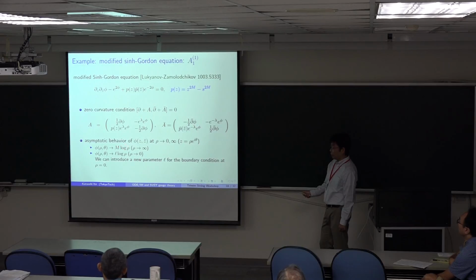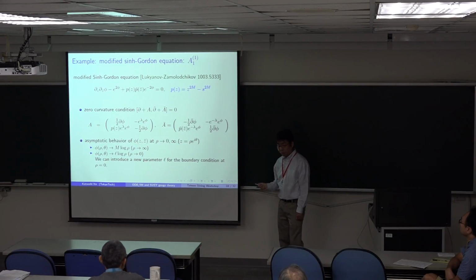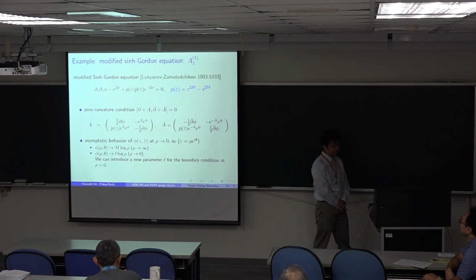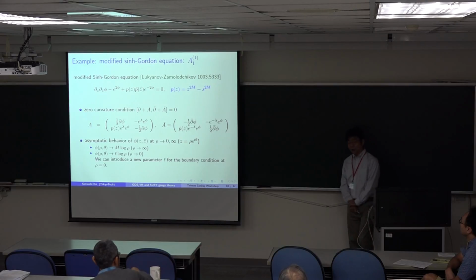Then we have this kind of logarithmic shape for the solution of the modified sinh-Gordon. But for rho going to 0, we have no such restriction. So we have imposed some boundary condition arbitrarily when rho is going to 0.